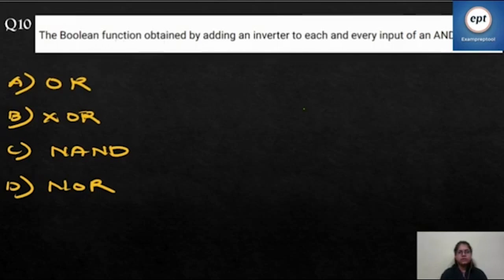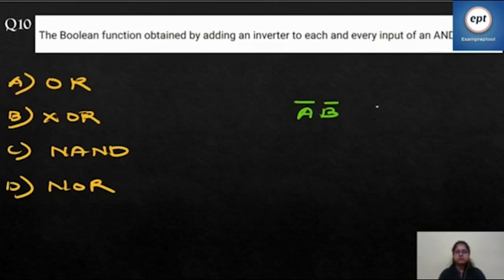So the Boolean function obtained by adding an inverter to each and every input of an AND gate: every input, if you apply an AND gate, so it will be A, B, and an inverter is applied to each and every input. Inverter means NOT gate, so it will be A bar and B bar.